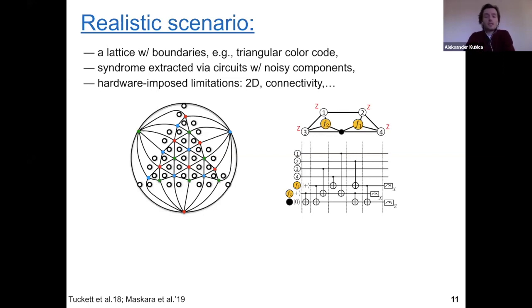In that case, we assumed that the noise model is described by the circuit level noise model. We did some simulations, and we observed thresholds of the order of 0.2% for the triangular color code and the restriction decoder in the case of the circuit level noise model. And this is quite similar to the thresholds of the toric code, where we also assume circuit level noise model and some hardware limitations.